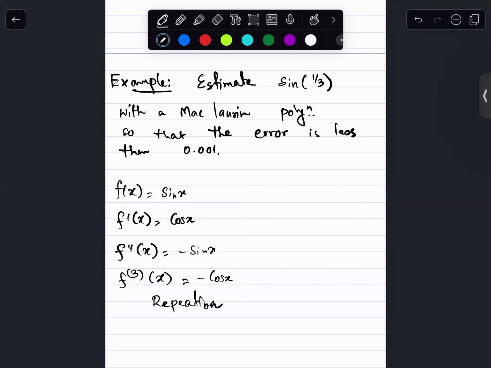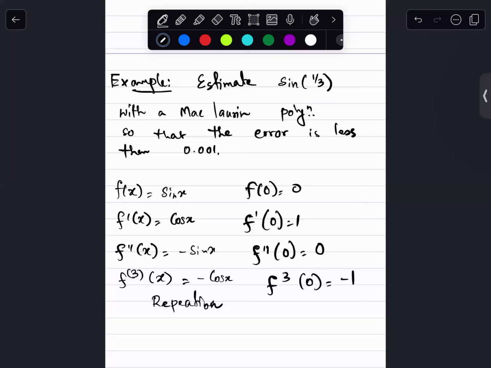If I take the fourth derivative, I get sine x back again, and then take the derivative to get cosine. So these are the 4 terms, and they get repeated again and again. So f of 0 is 0, f prime of 0 is 1, f double prime of 0 is 0, f triple prime of 0 is minus 1, and then repetition.